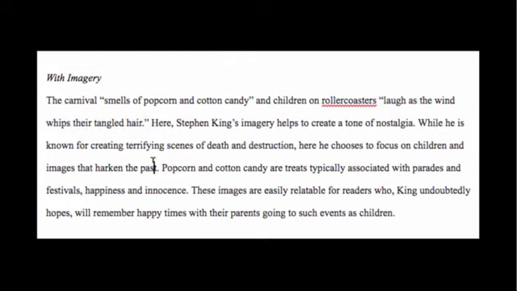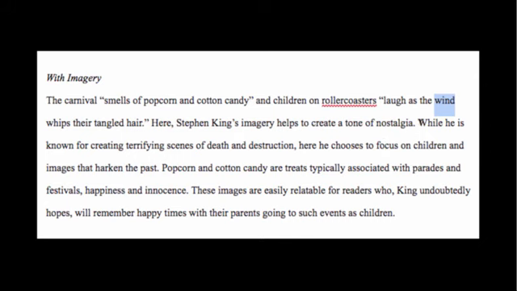And these are important because later on in the actual analysis part, the discussion part, which you can see is the biggest part that he's written about, the writer talks about his use of popcorn and cotton candy and the wind whipping and the tangled hair. So we've got a smell here, we've got the sounds here, we've got the touch here. All three of these things make this imagery.